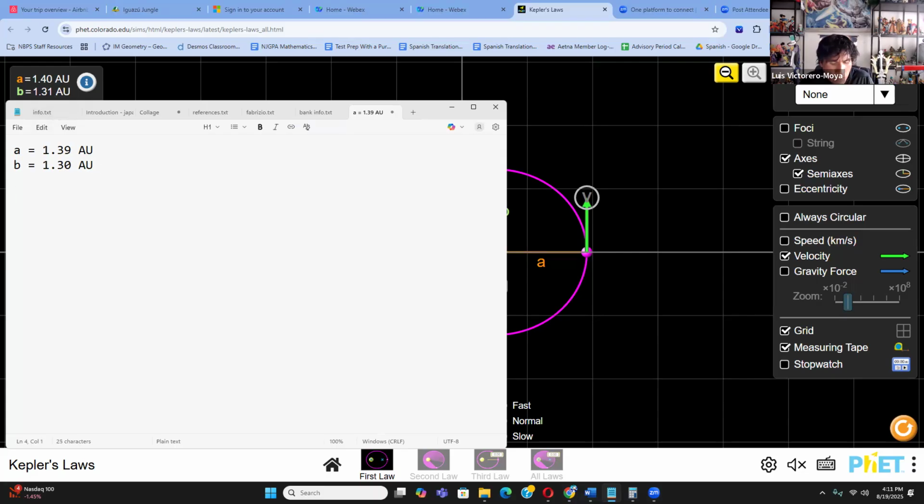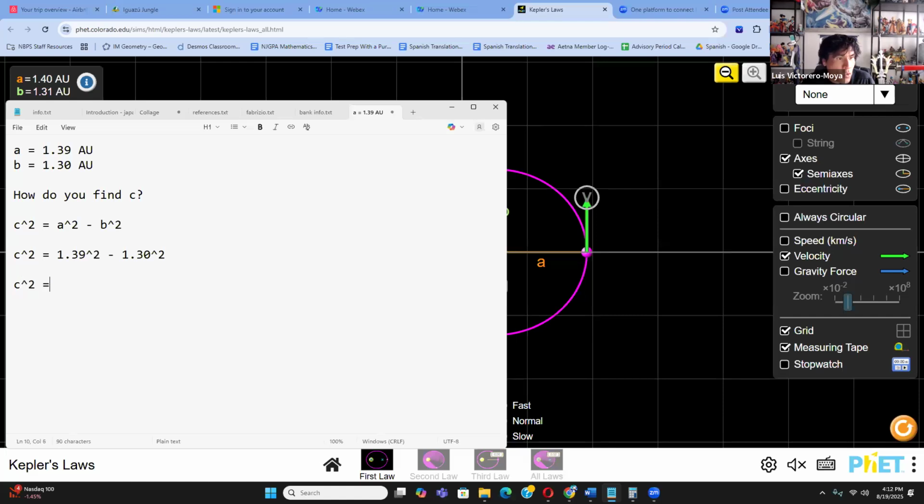All right. How do you find C? Well, C squared equals A squared minus B squared. So C squared equals 1.39 squared minus 1.30 squared.